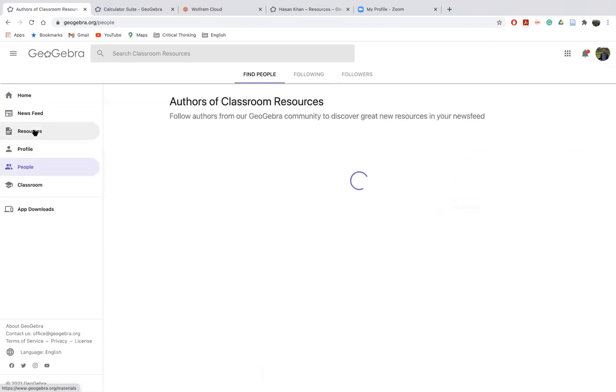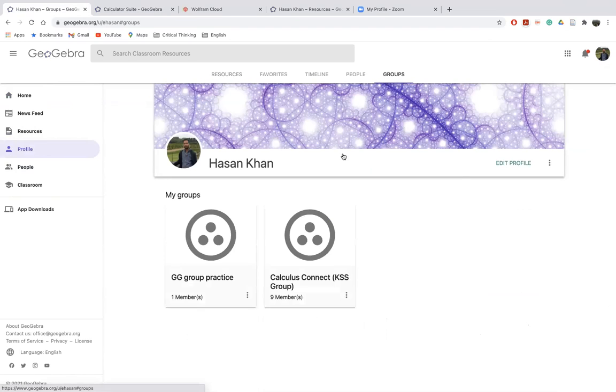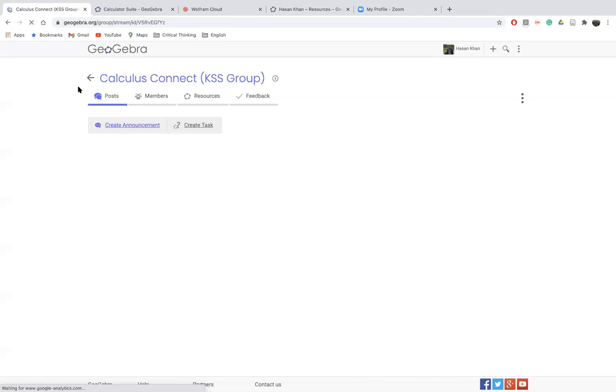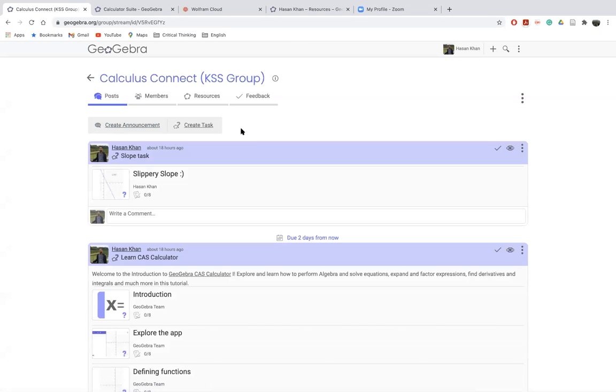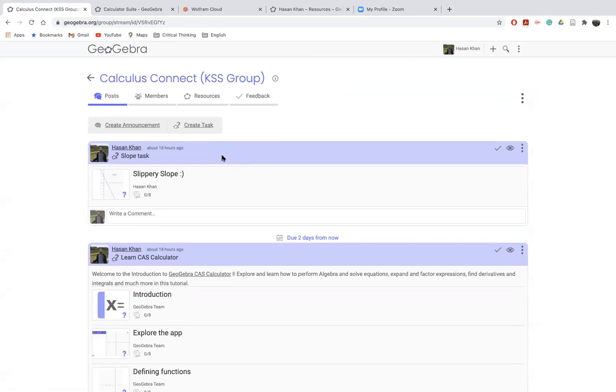So GeoGebra profile. I want you to join my group on GeoGebra. Once you join, you will see these tasks. The first one is Slippery Slope, and this is due, I think, today.